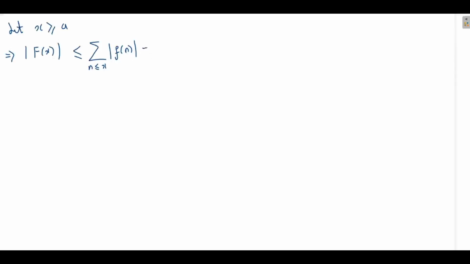And this here we know is mod of f of 1 plus up to mod of f of greatest integer of a, plus mod of f of greatest integer of a plus 1, plus up to mod of f of greatest integer of x. This is exactly what the sum will be.